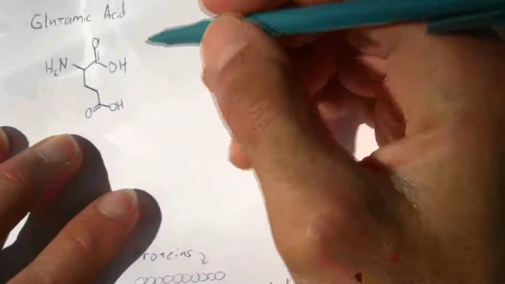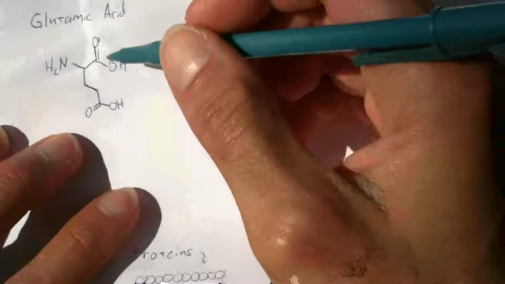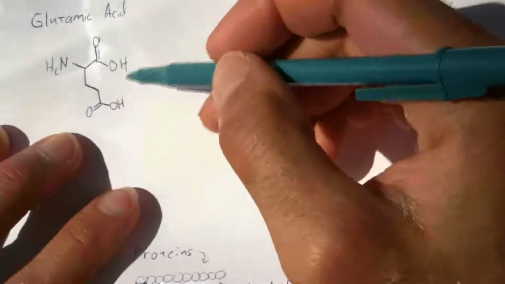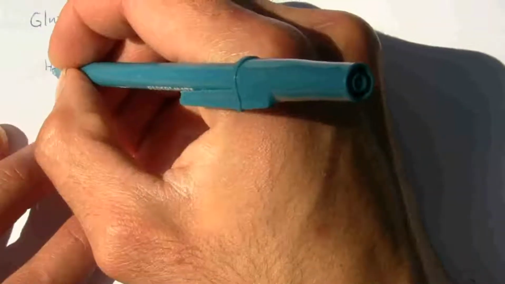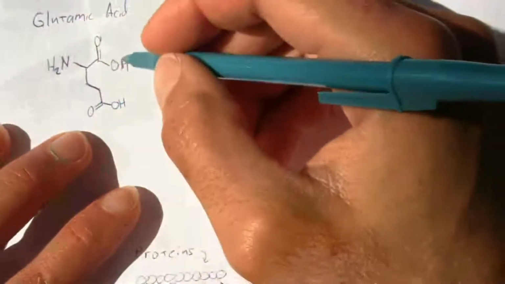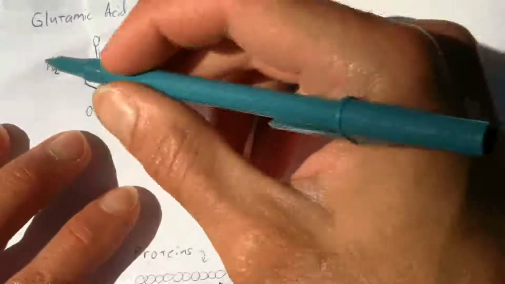Now there's something important to realize, and that is that all of these, there's a total of 4 hydrogens in this molecule that are readily accessible.